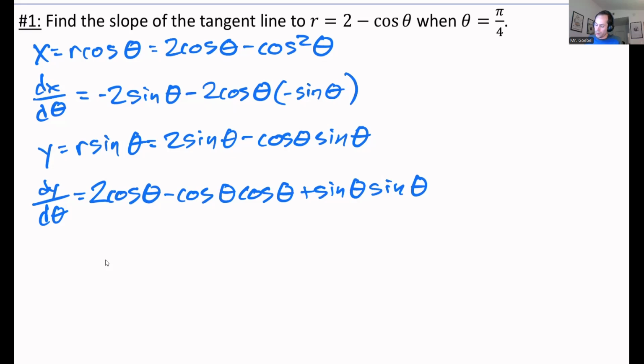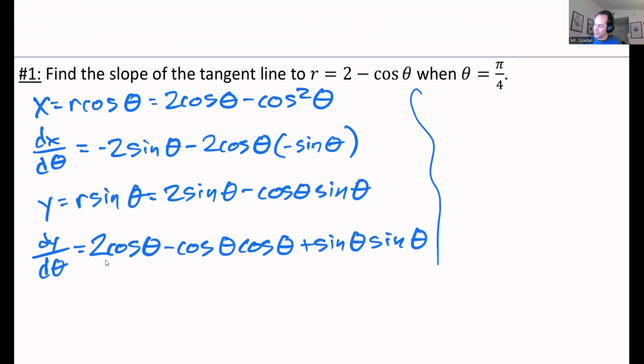So here we go. We got dx d theta, we got dy d theta. What I'm going to do now is plug in pi over 4 into each of these. I'll do it right over here. dx d theta when theta equals pi over 4.